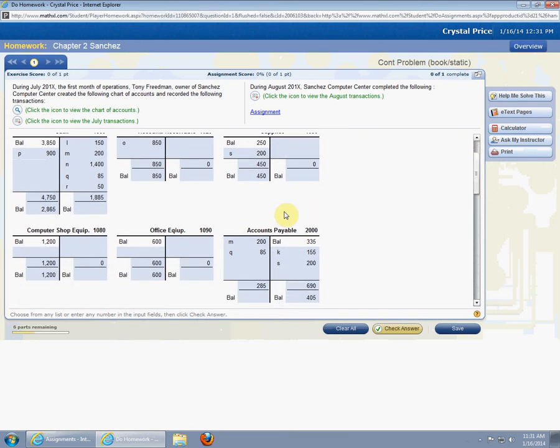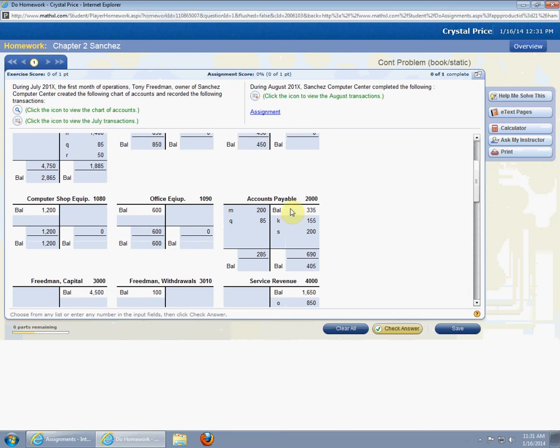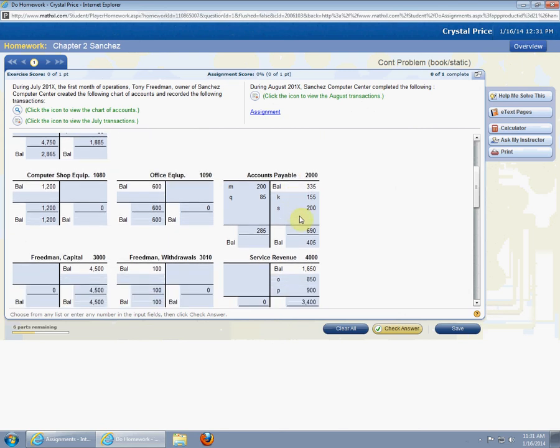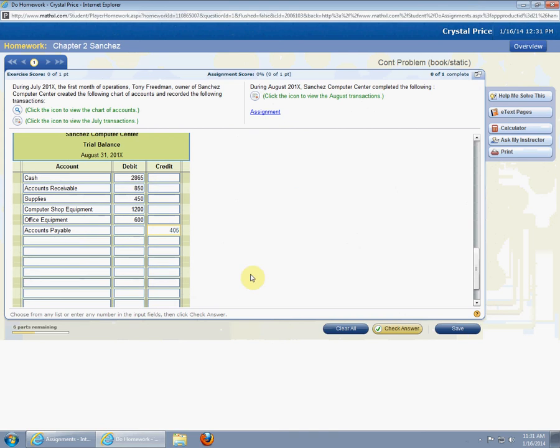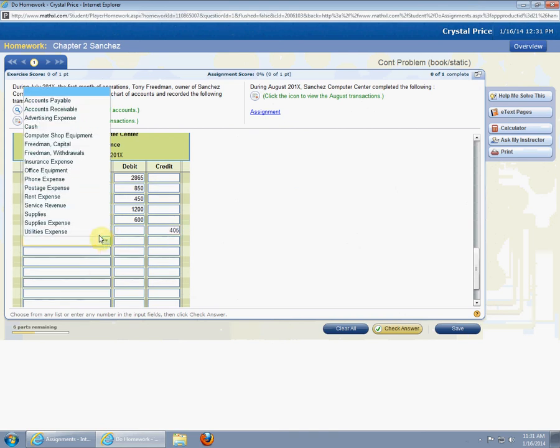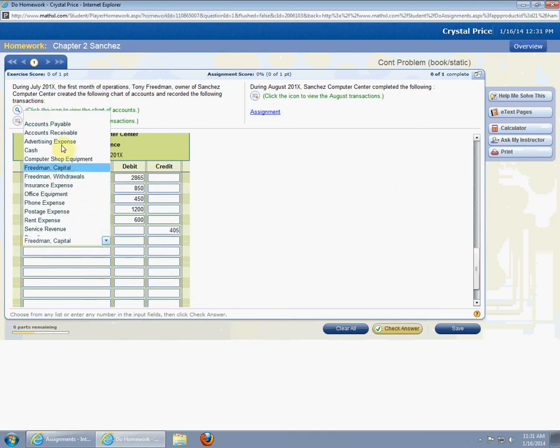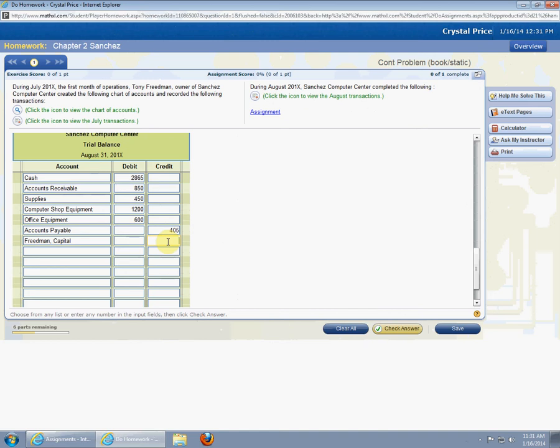How they appear is the same as they do in the chart of accounts. That's why you need two screens. This one is on the debit side. Capital, 4,500. You want to look at your two charts.